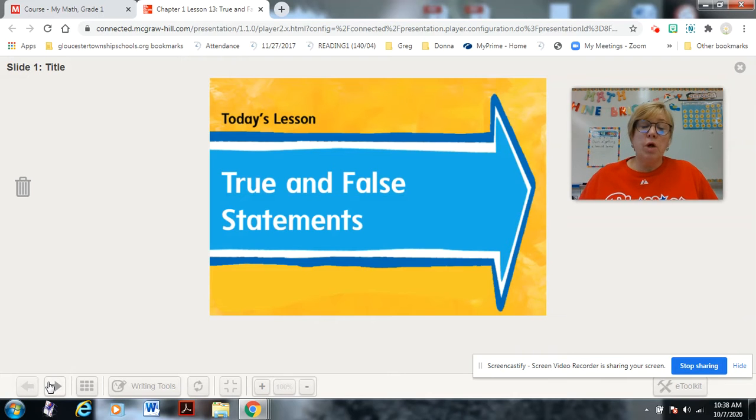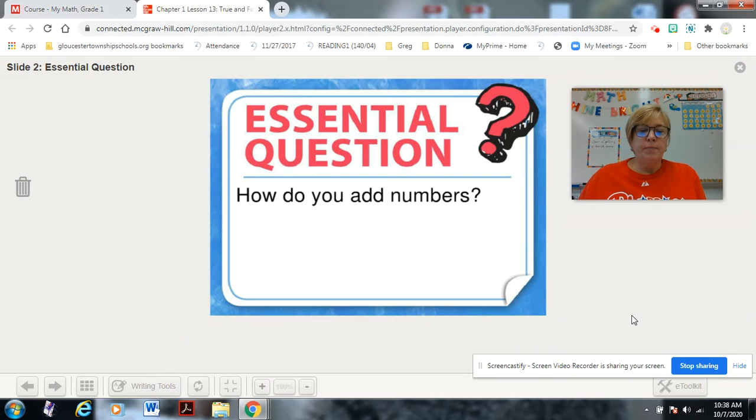So that's what we're going to do for math. We're continuing with how do you add numbers, and finding out all of the different ways for our central question. And this happens to be the last lesson for chapter 1. So here we go.